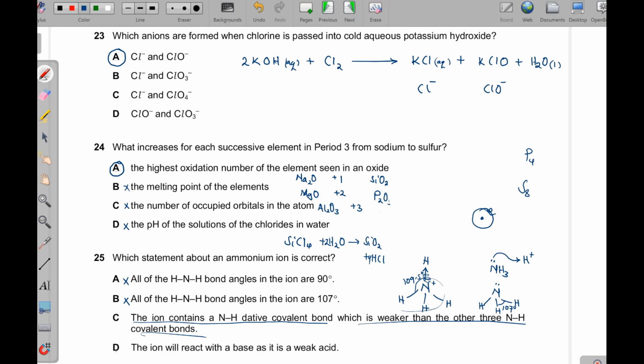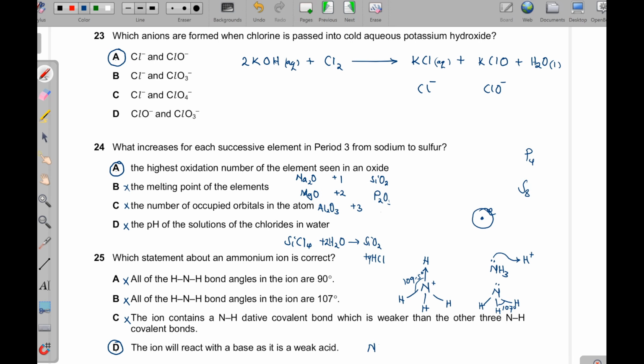That is all. Just because this one is a dative bond, it doesn't mean that it is stronger or weaker than these other ones. They are all covalent bonds. You see that? So this one is off, and therefore our answer has to be D, where they are saying the ion will react with the base as it is a weak acid.